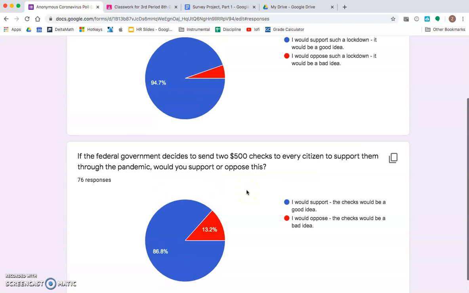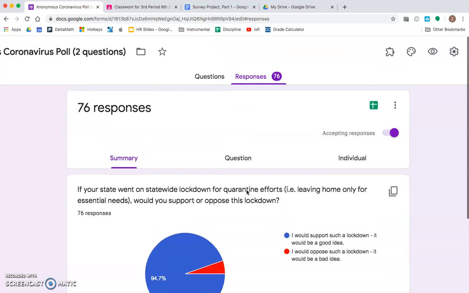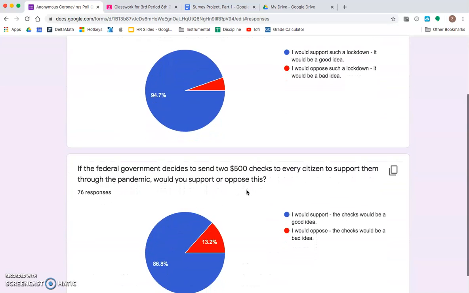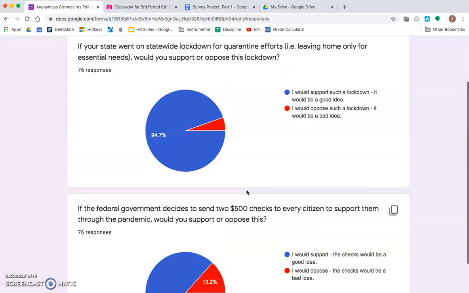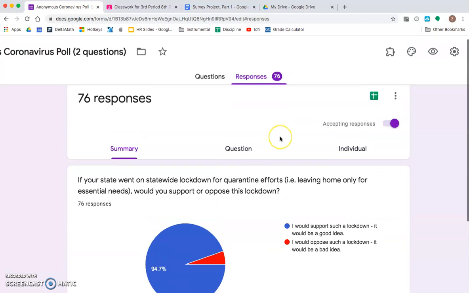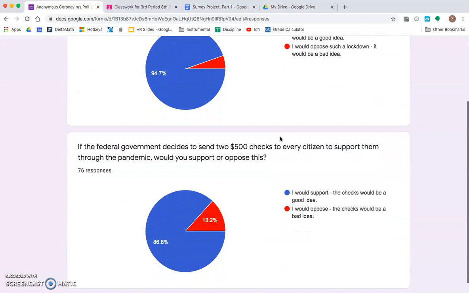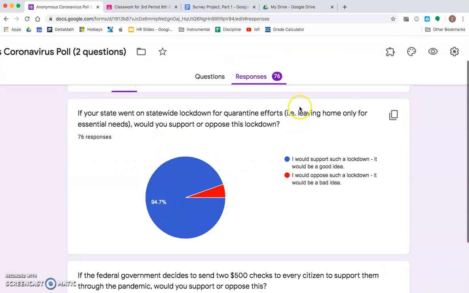Now, keep in mind going into this project that this is not a truly random poll. If this were a truly random poll, I would have a huge list of phone numbers in the United States and I would randomly be calling people and asking them to answer my questions. This isn't random because the people I surveyed came from just my group of friends on Facebook, and that's a small group of people.